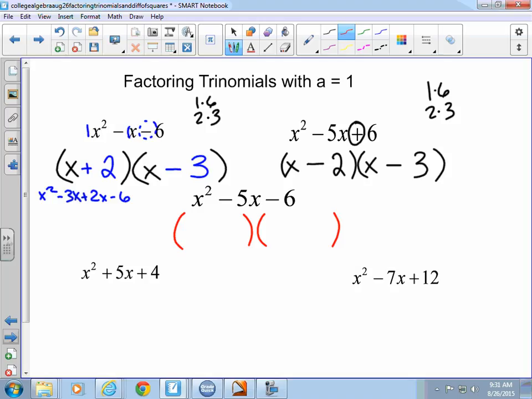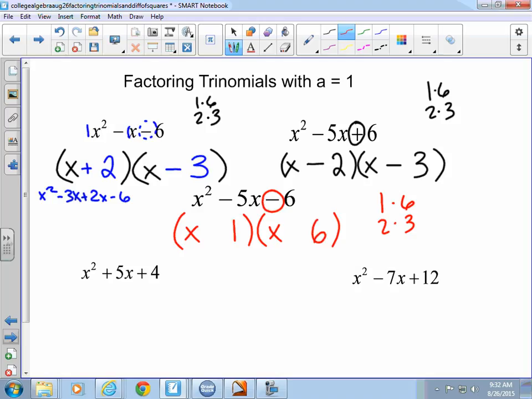What needs to go in the beginning of the parentheses? What are my options for the things at the end? 1 and 6, and 2 and 3. Since this is a negative, we'll have opposite signs, so that feels like subtraction. Which ones of these subtract to give me 5? This 6 is 1.